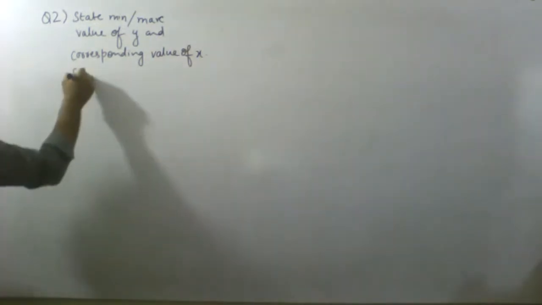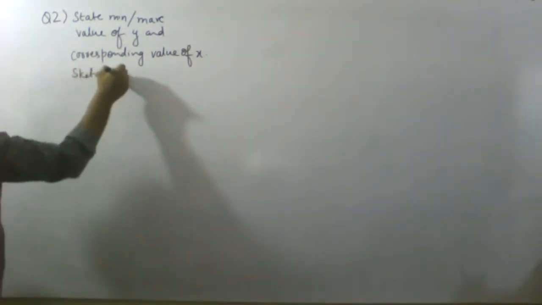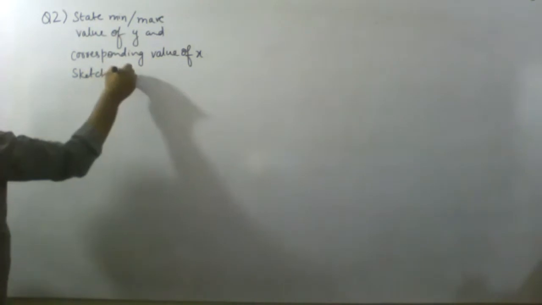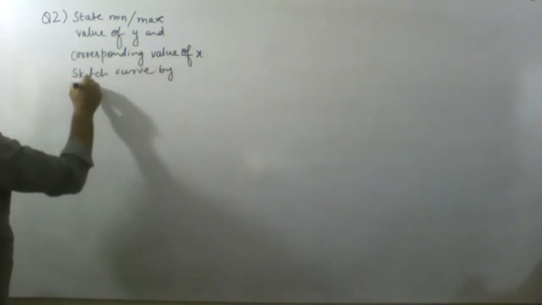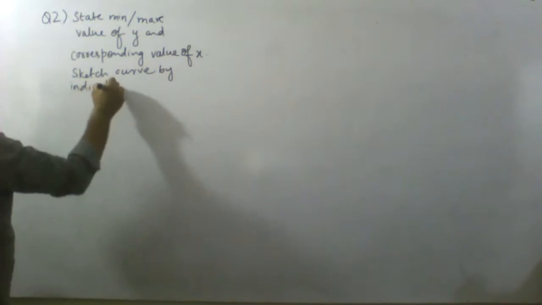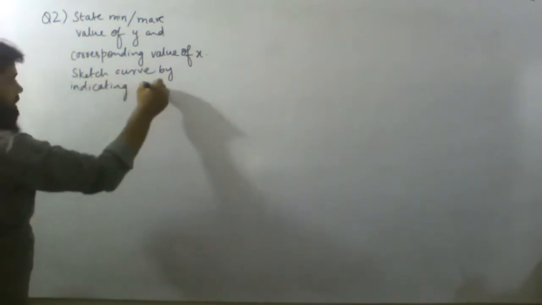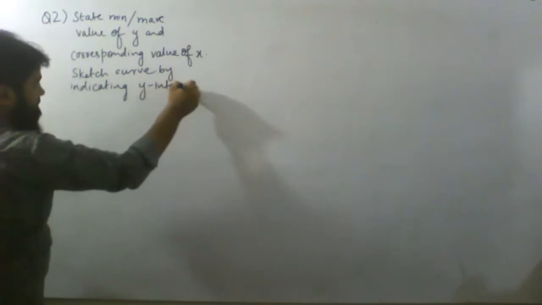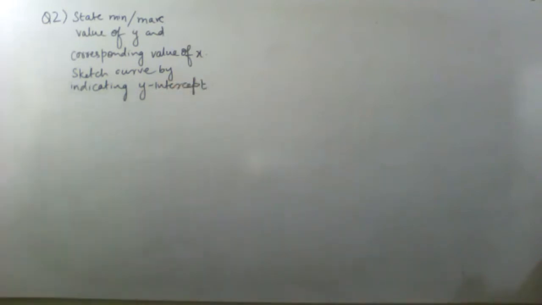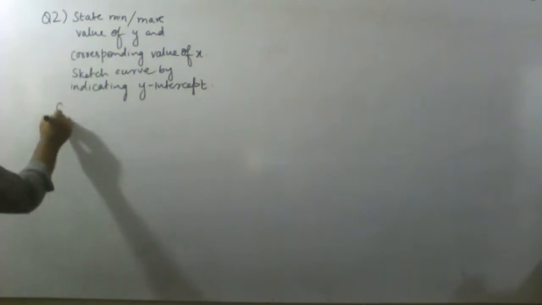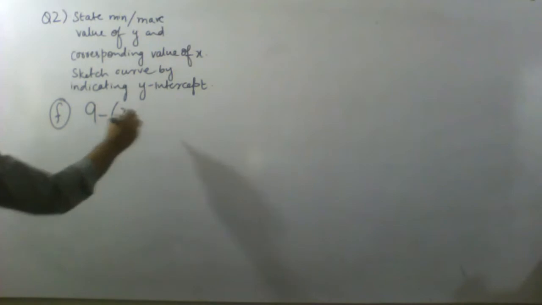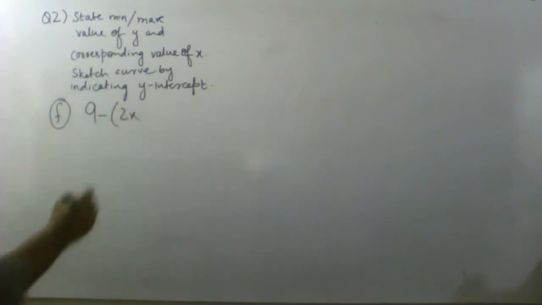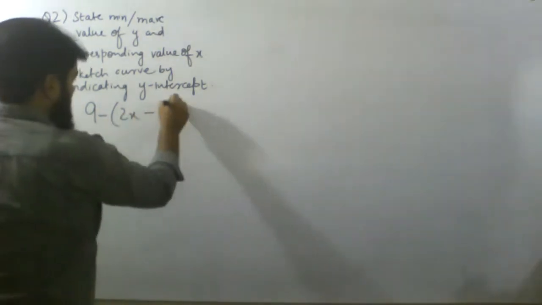Then you have to sketch the curve, sketch graph or sketch curve by indicating the y-intercept. Okay, and we are doing part F of this one. Part F is 9 minus 2x minus 1 whole square.